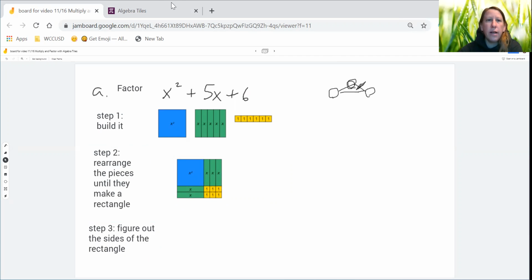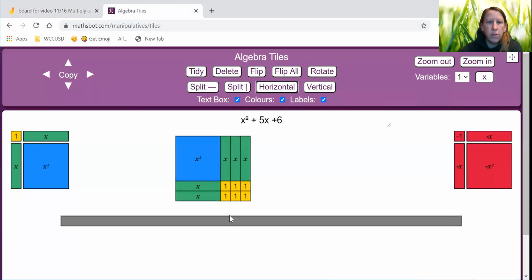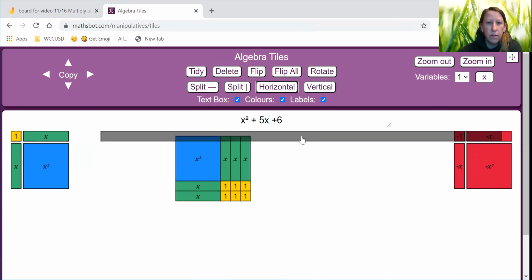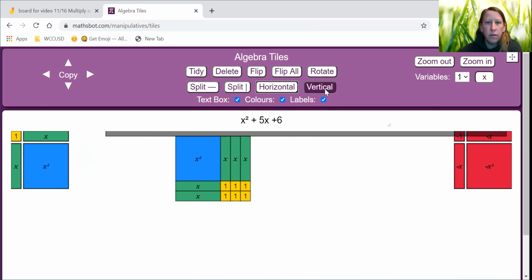In order to do that, I could put my horizontal and my vertical frames on here. There, vertical frame here. And I wish I could move the whole thing down. I think I will just grab them all down and move them.